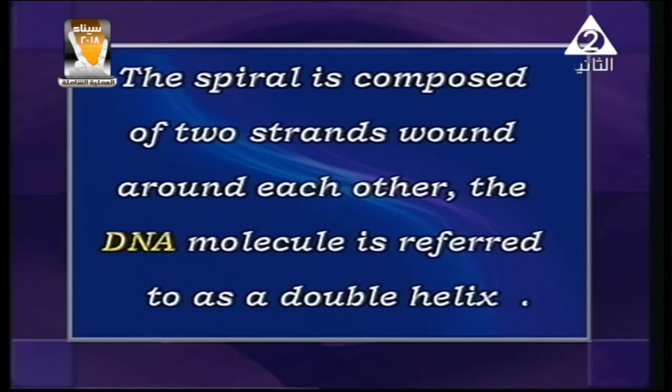The spiral is composed of two strands going around each other, where the DNA molecule is referred to as a double helix. So it looks like a double helix, like a ladder, and this ladder twists; in each turn we have about 10 base pairs.